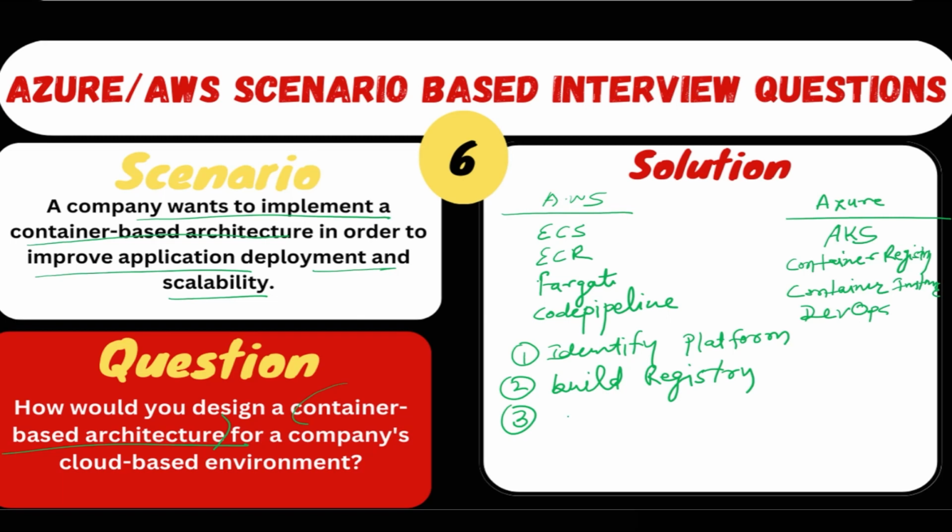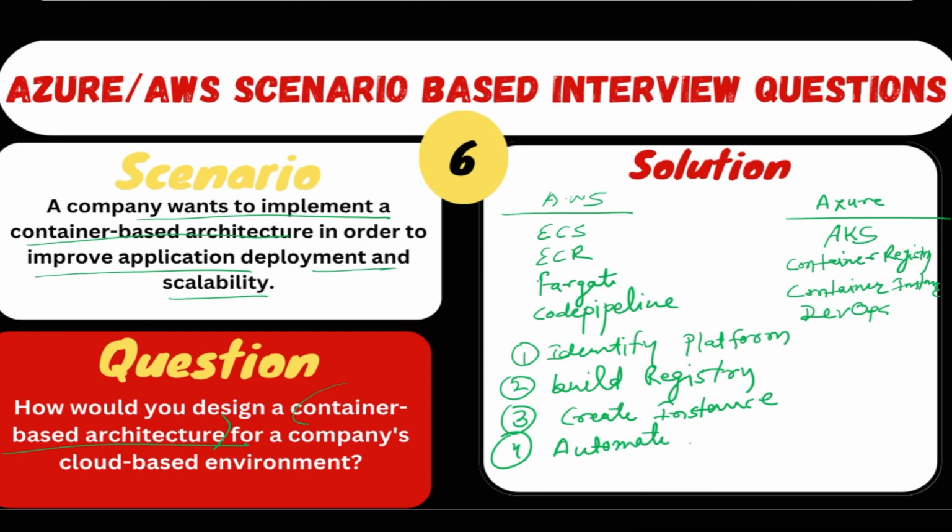Then we will use services called AWS Fargate or Azure Container Instances to run containers without managing the underlying infrastructure. Finally, we will implement a continuous integration and delivery pipeline using AWS CodePipeline or Azure DevOps, which will help us automate the deployment of our containerized application.